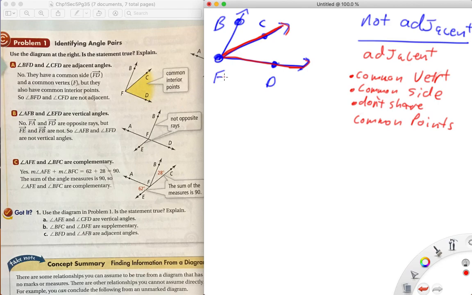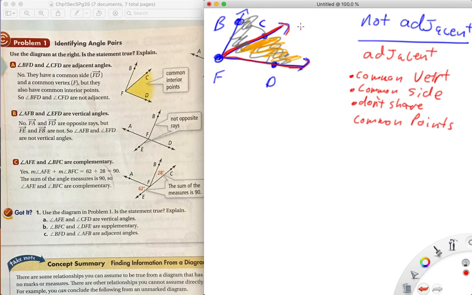The third condition is sharing common points. Angle BFD is this whole entire angle here. Angle CFD, all of this in terms of interior points, is over here, right? So if you notice, CFD and BFD have common interior points right in here.